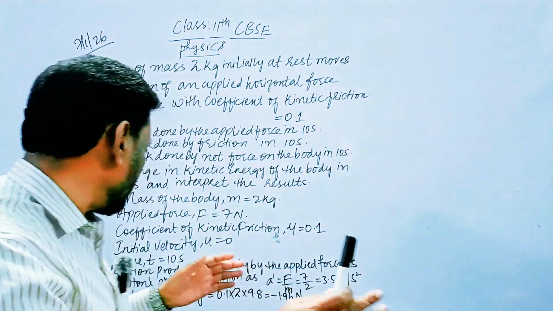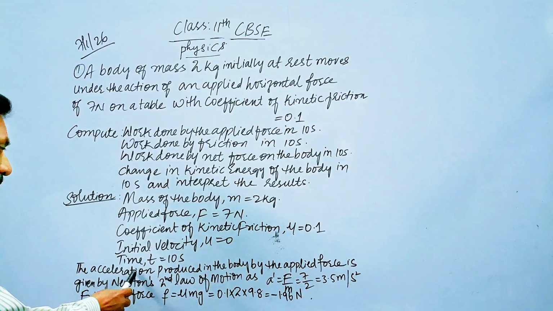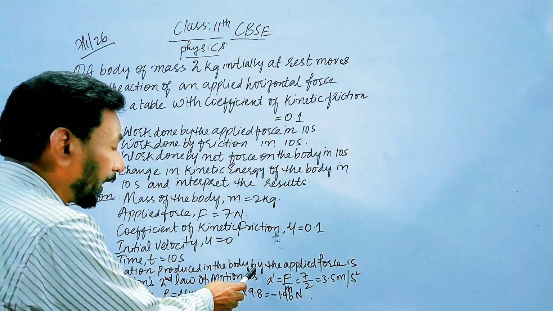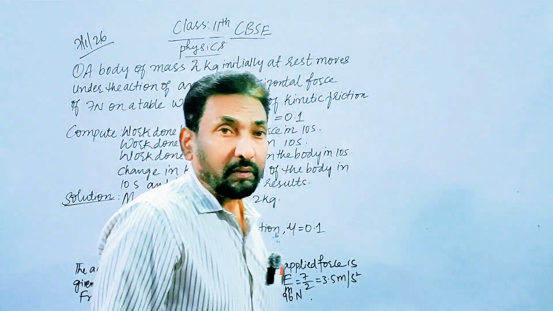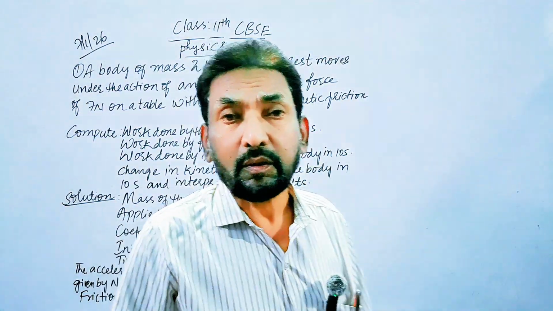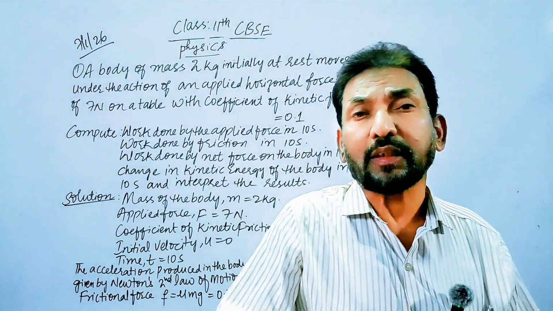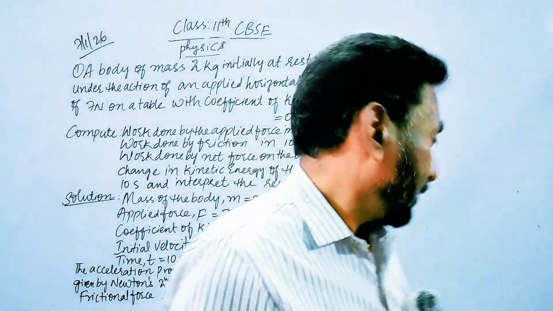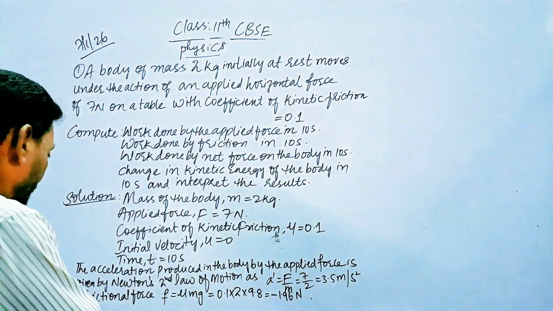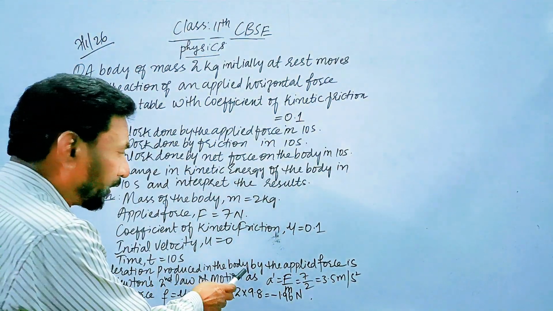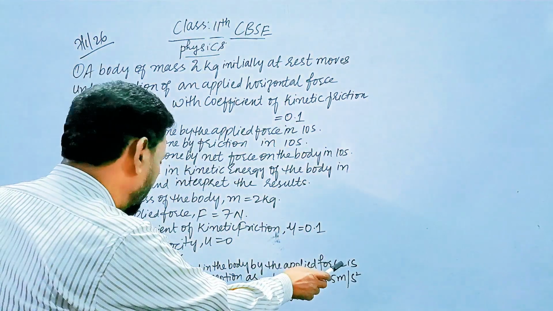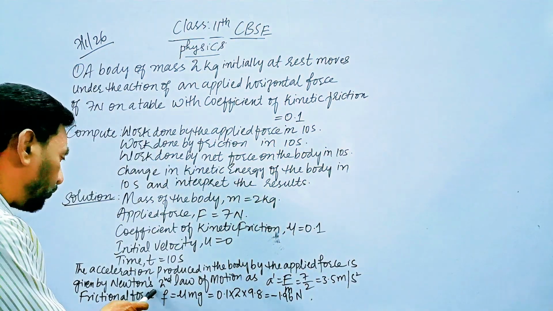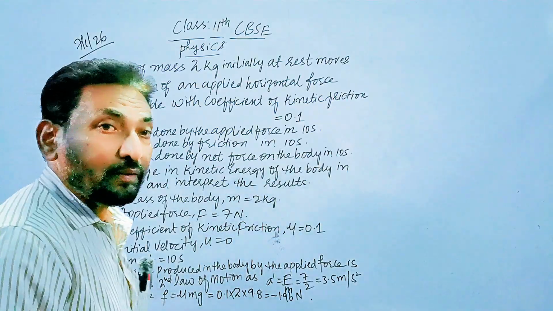Right? देखिए अब the acceleration produced in the body. Acceleration क्या है? The rate of change of velocity is the acceleration. The acceleration produced in the body by the applied force is given by Newton's second law of motion.